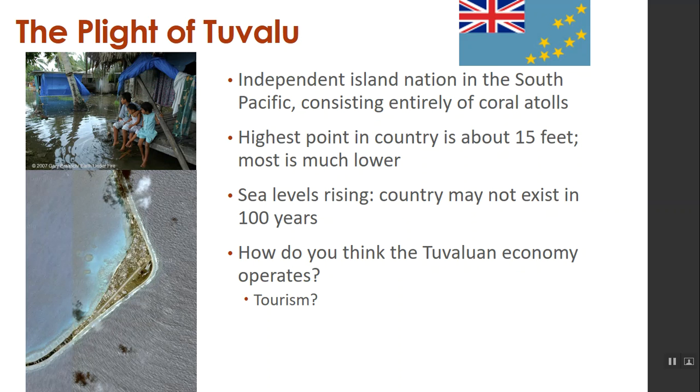They can only land very small airplanes, because they don't have a strip of land that's big enough. So it's not just that you can't bring tourists in, but you also can't bring in what you need to build a resort for tourists to show up. They cannot grow much food there anymore because a lot of their water and their ground is getting inundated by salt water because they're so low with that sea level rise.